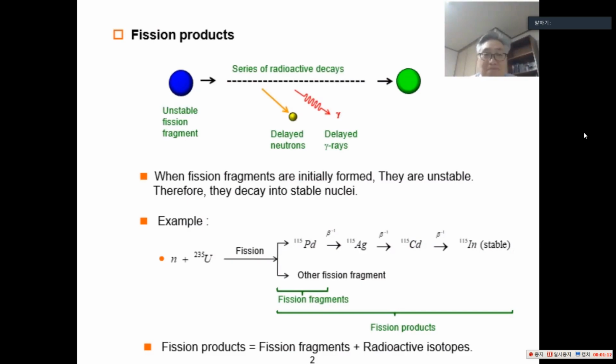So normally, as we learned before, fission fragments are neutron rich. So many neutrons. In order to become a stable element, it should undergo some kind of radiation emission. By emitting something, it becomes a stable element. I told you heavier elements have neutron-rich behavior.